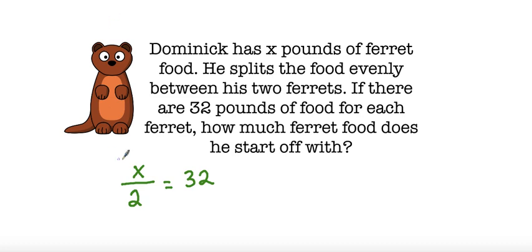So here we want to find out how much ferret food does he start off with. So in order to do so, here I have x divided by 2. The inverse operation to division is multiplication, so I'm going to multiply by 2. And whatever I do on the left, I'm going to do on the right. I'm going to multiply by 2 here. So here I have 2x divided by 2.